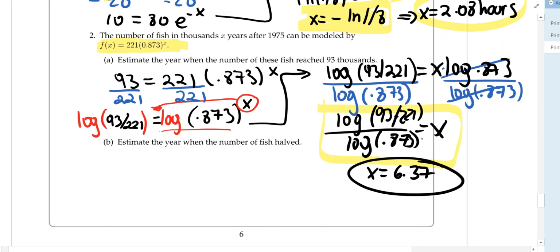This one is the exact answer and this is the approximation. So after 6 years, let's round it to 6, so in 1981, since X means years after 1975, the population of this fish is going to reach 93,000.